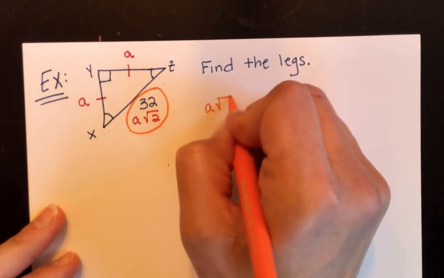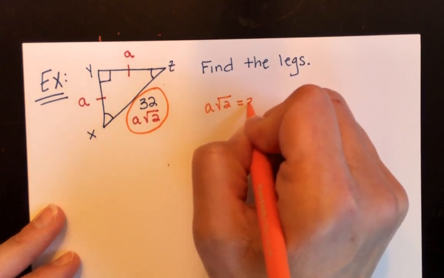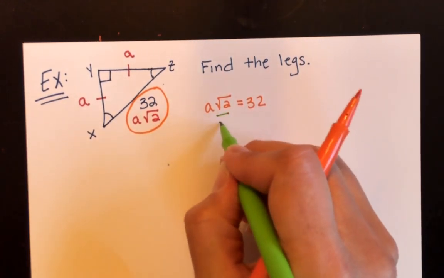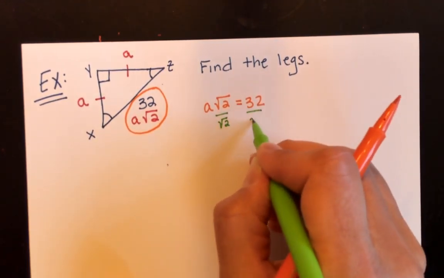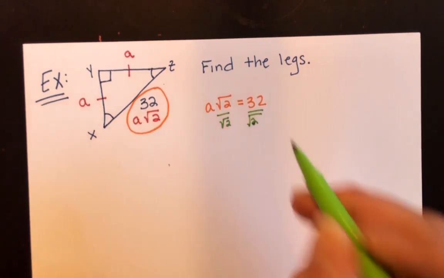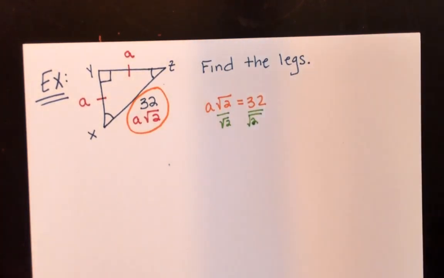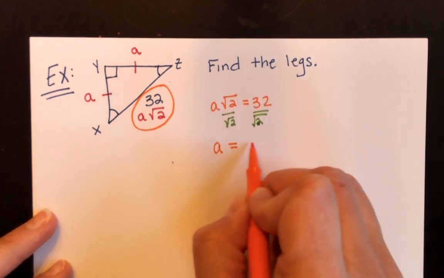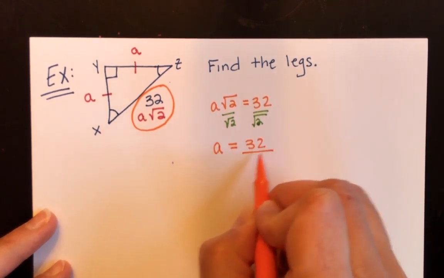So A radical 2 will equal 32. I know that I'm going to divide away my radical 2 on both sides, and I am left with A equals 32 over radical 2.